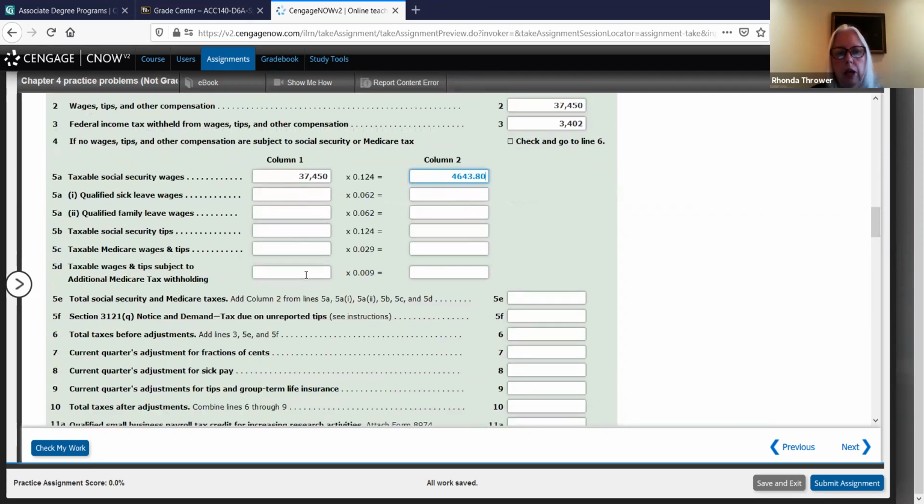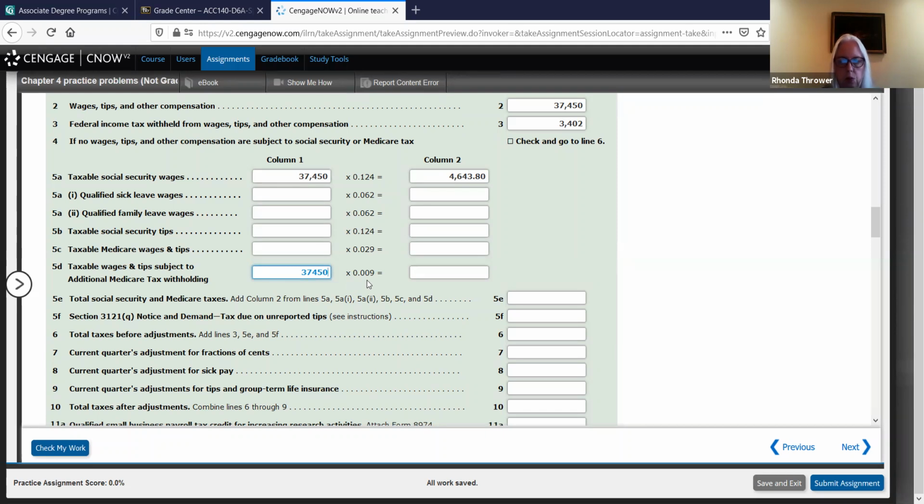Then we're going to move on down to line 5D because none of these applied to us in this problem, and we're going to put in 37,450. This is the HI portion. Notice it's been doubled because the employer and the employee have to pay HI taxes.